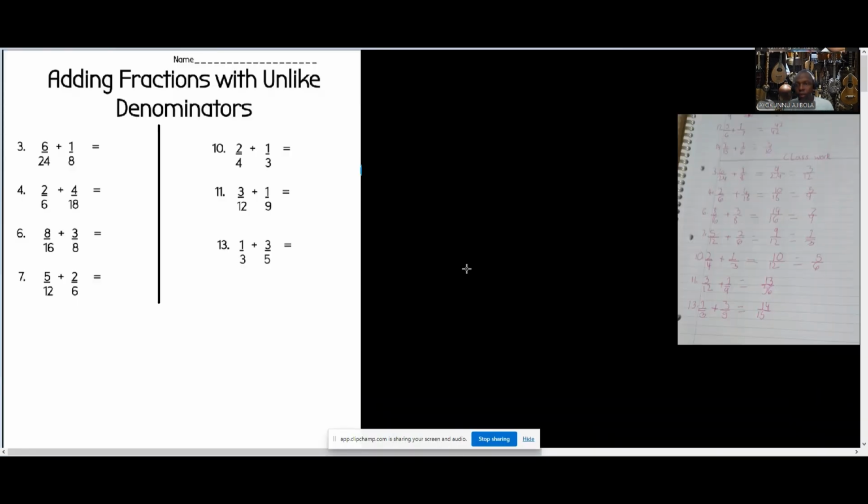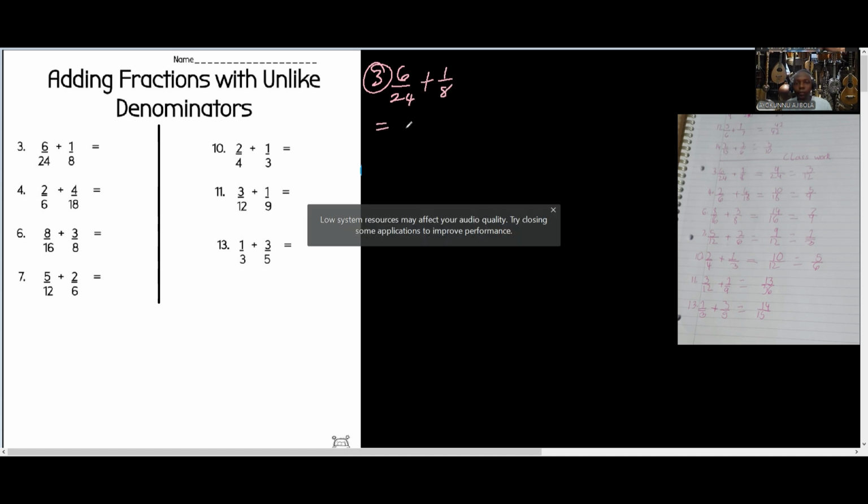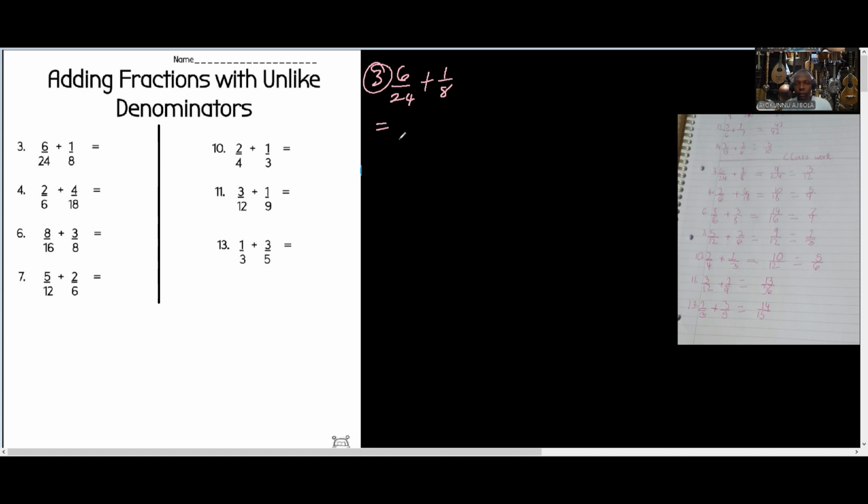First question says 6 over 24 plus 1 over 8. The LCM is 24, and 24 in 24 is 1. 1 times 6 is 6.